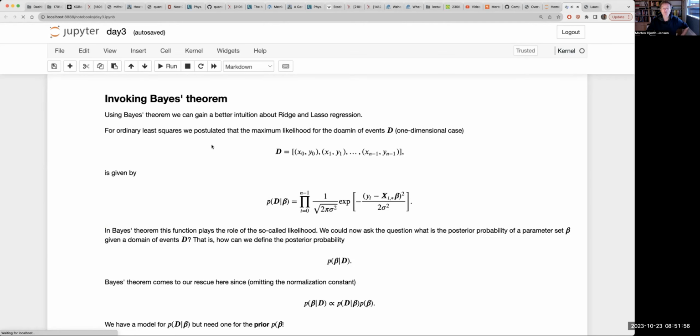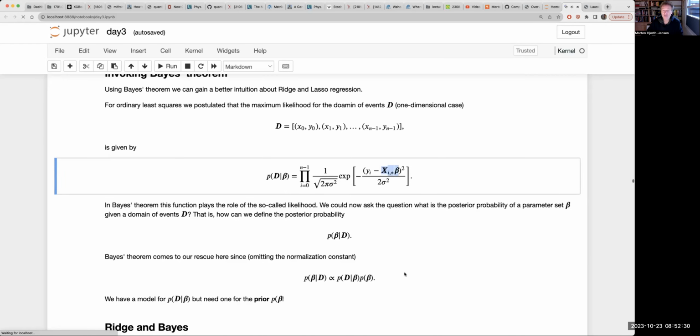So when we did ordinary least squares, what we assume is that the output data, the y's which we have here, are governed by a Gaussian distribution where we have a specific mean value and a specific variance. So this is an assumption we made. So what we found was actually the probability of the given output with a given beta parameter. And then we optimize this.